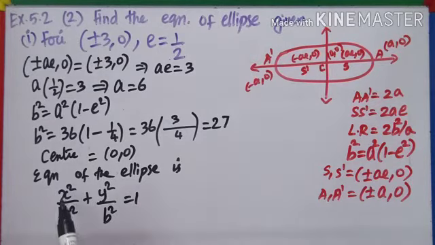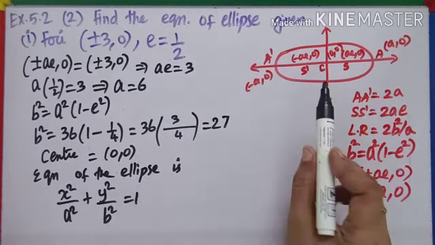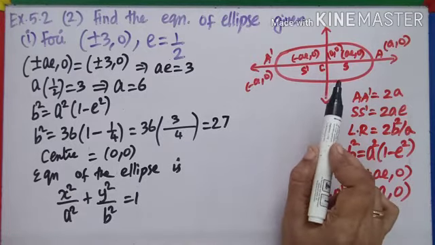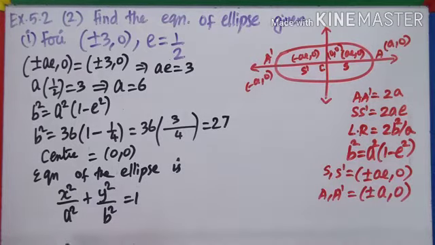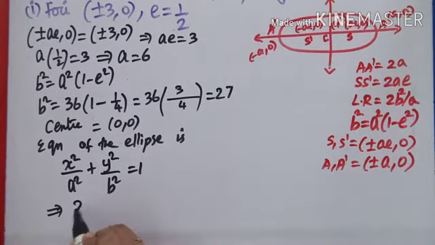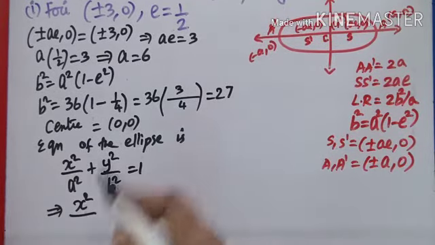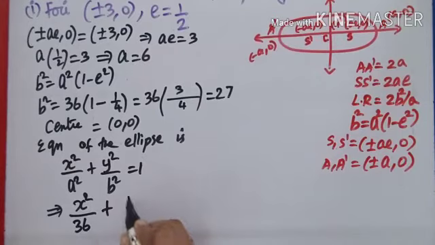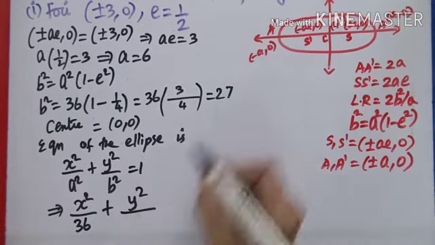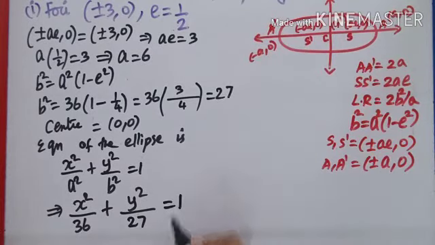Usually we write x minus h, y minus k, but in this problem h, k are 0. So we can put x square by a square plus y square by b square equals 1. This implies x square by 36, as we derived a square, plus y square by 27, which is equal to 1, and that is the answer.